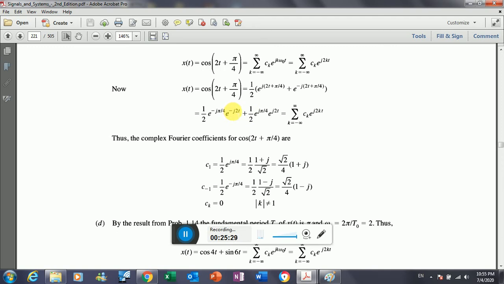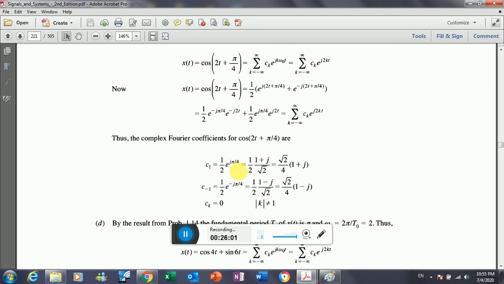So that means we have Fourier series coefficients c1 and c minus 1, and the amplitudes of these Fourier series coefficients are 1 over 2 e raised to power j pi by 4 and 1 over 2 e raised to power minus j pi by 4. Again apply Euler's identity and find out the values of e raised to power j pi by 4.